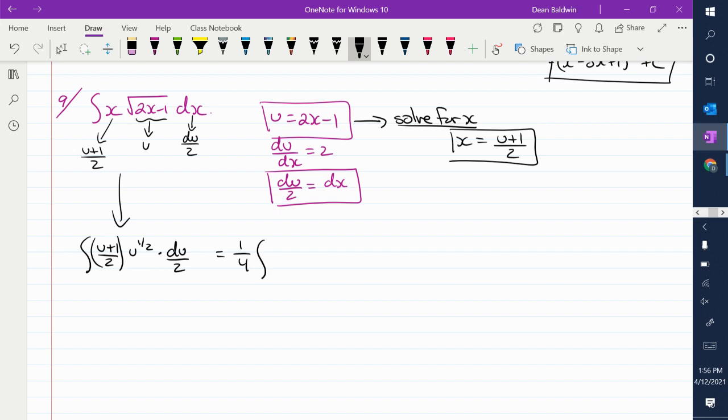What do I do with this u to the 1/2? Grade 9, grade 10, whenever you learn that, dump it back in. So what's u to the half times u?